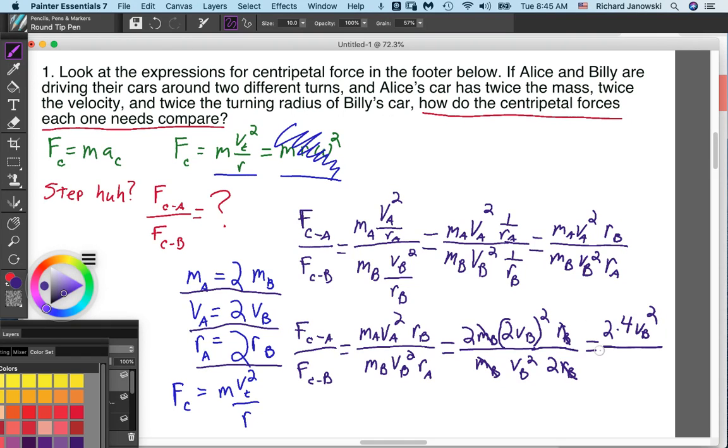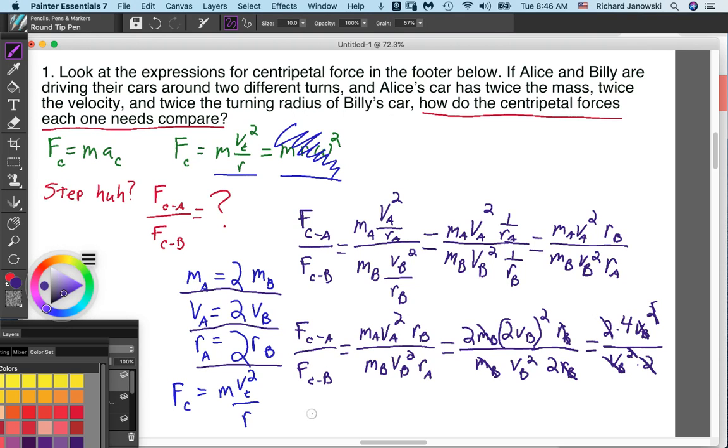And on the bottom, what do we have? We have velocity of Billy squared times 2. So does anything cancel here? Yeah, velocity of Billy squared. Yep, that cancels. And 2 over 2 cancels.